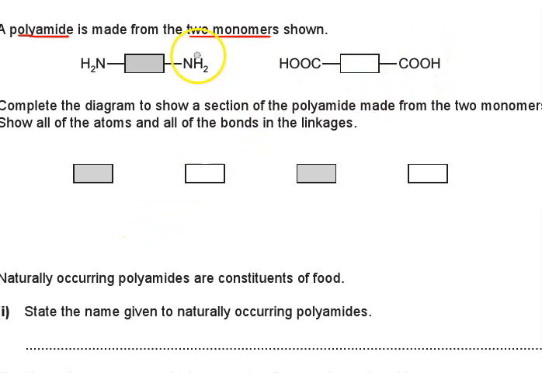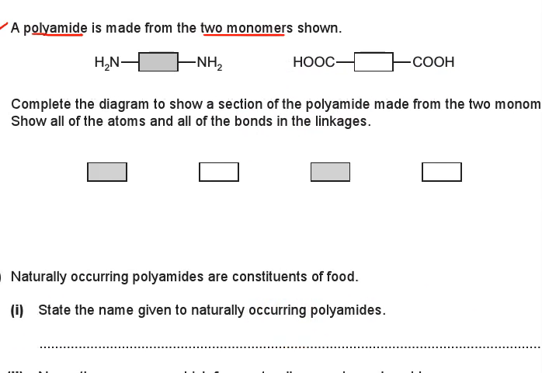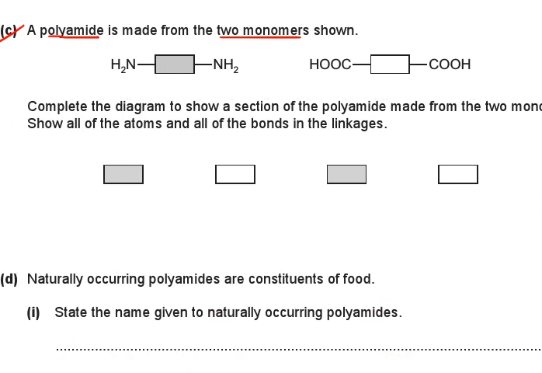Here we have a double bond, hydrogen, and here we have OH. Since it is condensation, they will combine to form water. So the OH and one of the H, and let's say I just draw one more H, this H and this OH will combine to form the water.